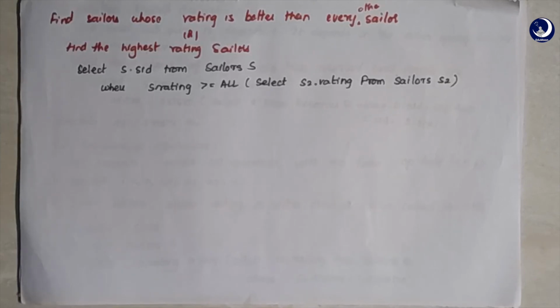Select S.sid from sailors S where S.rating is greater than or equal to ALL (select S2.rating from sailors S2). In the inner query, we have selected the rating of a particular sailor, and for every sailor you compare with the ratings of the other sailors, and finally this query gives the highest rating sailors. Here I've used equal to because there can be more than one sailor with the highest rating. Suppose the highest rating is 10, there can be 3 people, there can be 2 people. So I've included this equal to also.